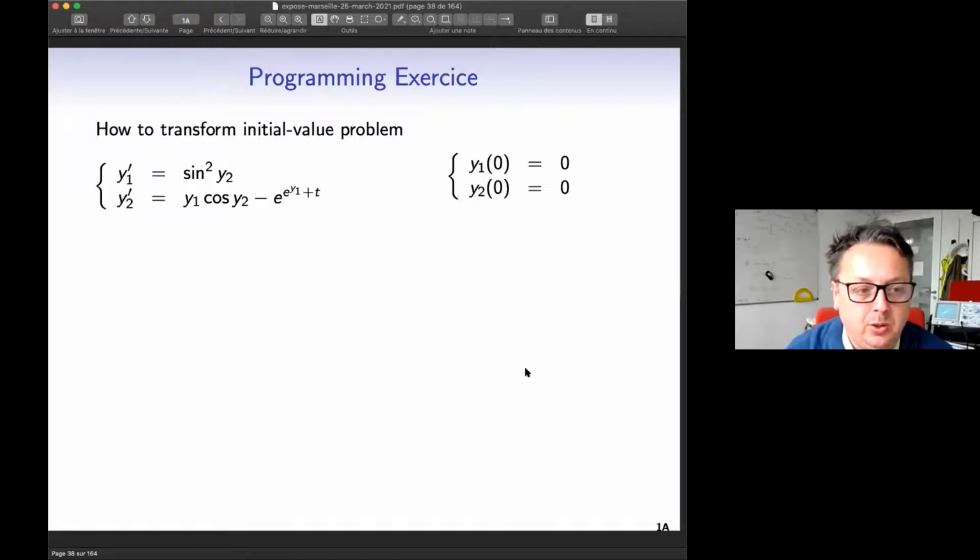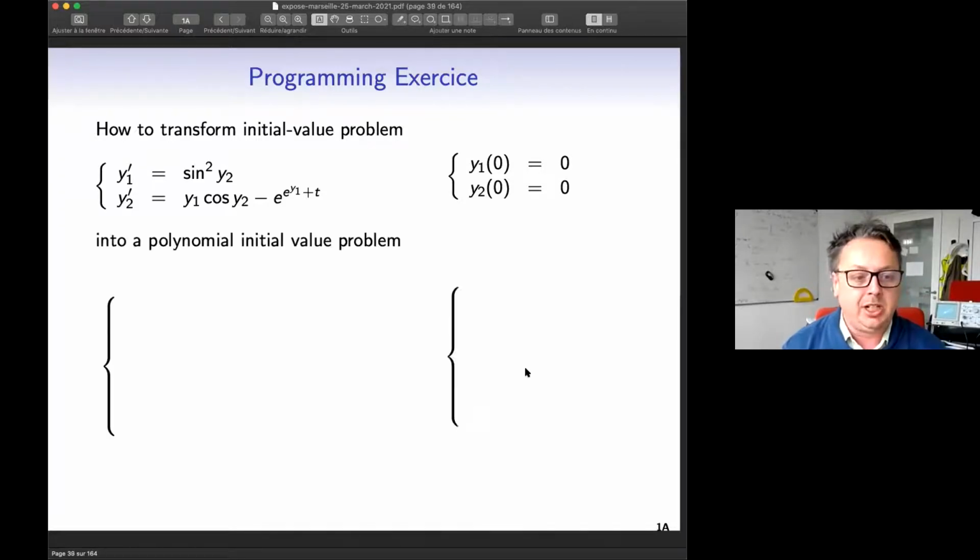So suppose you want to draw the solution of this equation. I have no idea what this equation is, it's quite random stuff that I wrote. So how do you program the machine? You realize that y1 prime must be the sinus of y2 to the square.